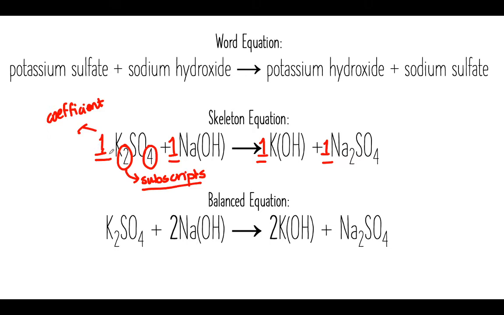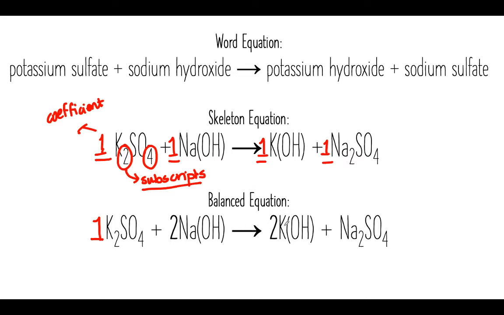So what you want to do is change the coefficients such that each element on the left side and on the right side correspond to the same number. Let's take a look at potassium here. Potassium is the element K. There are 2 potassiums on this side. How do I know that? I don't see a coefficient, so I'm going to multiply whatever subscript I have by 1. So there are 2 elements of potassium on the left side of this arrow.